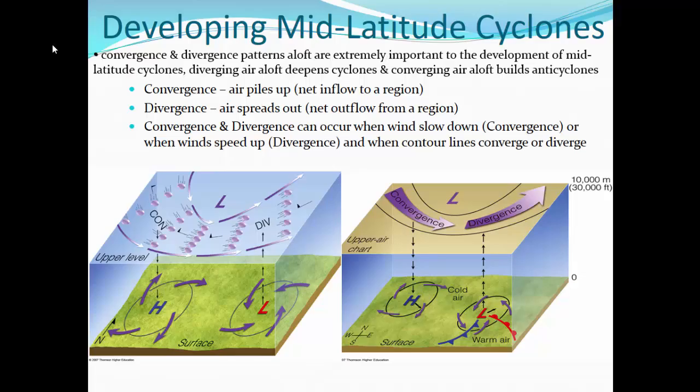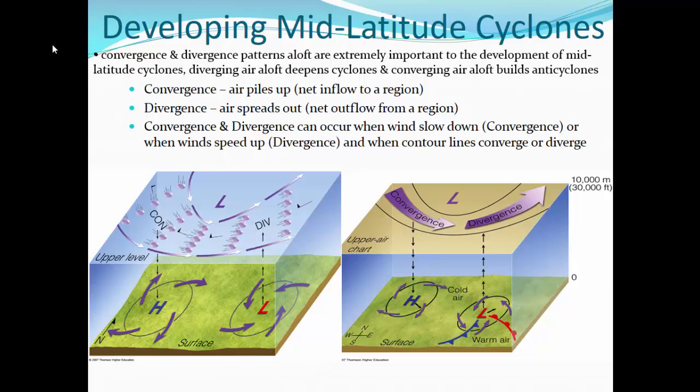And then in the exit region of that trough, that is where there's divergence aloft. And that divergence, air is being evacuated. It's being moved away. It can't be replaced from above, so it's replaced from below, creating air that is rising off the surface. And that rising air off the surface is what creates the counterclockwise turn of the low pressure at the surface and that cold air advection.